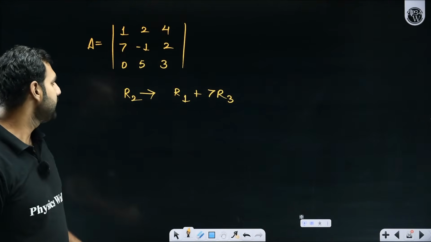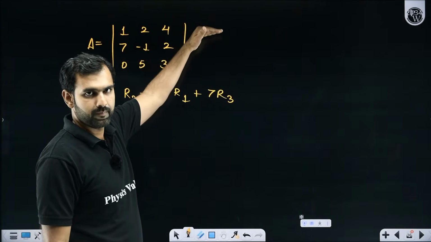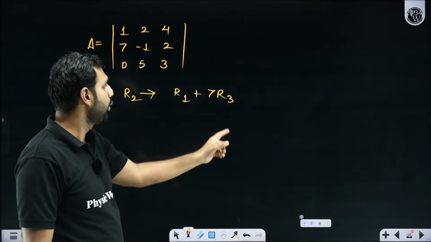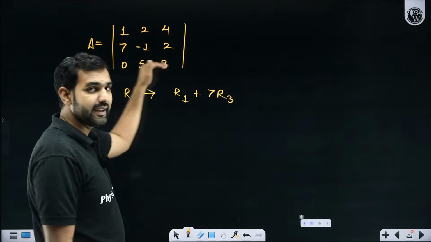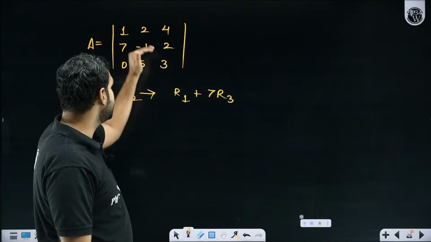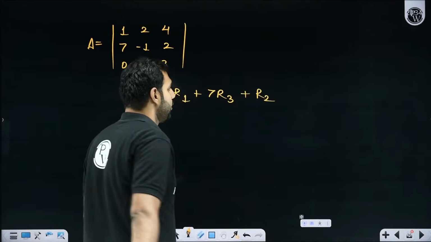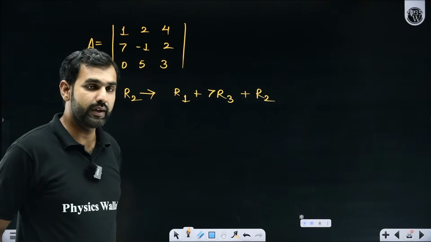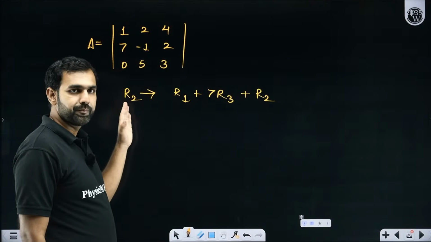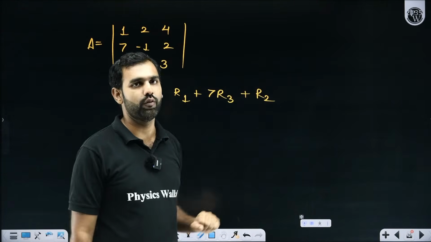What did I just say? I am taking row 1 and adding it with 7 times row 3, and that part I am replacing here in row 2, along with R2 as well. So this is the operation I'm doing: row 2 is updated by row 1 plus row 2 plus 7 times row 3.